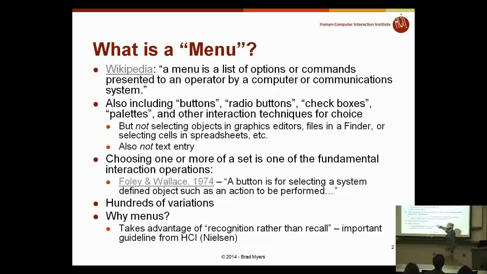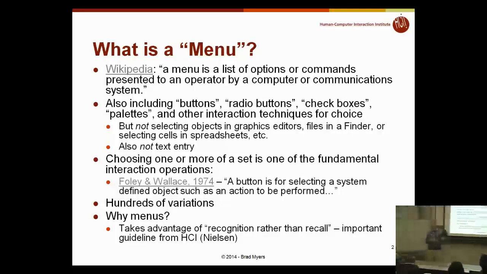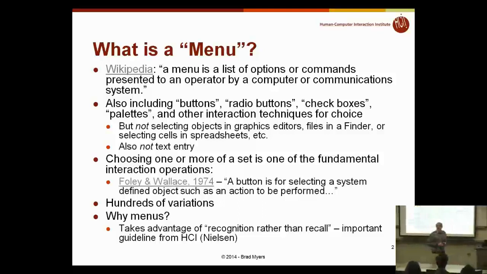And naturally, like we said, there are hundreds of variations of menus. The key motivation for having a menu, rather than, say, typing in commands, is that it takes advantage of recognition rather than recall. Those of you with any kind of HCI background know that users find it much easier to read a list and recognize which option they want rather than having to remember what it's called so that they can type it in.